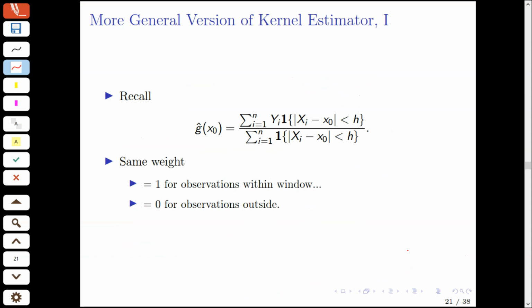All right. So thus far, we've introduced the kernel estimator as a local average, where we've used this window of opportunity to pin down or to express our idea of what's local and what's not. Note here that these indicator functions simply single out which observations are relevant and which are not.